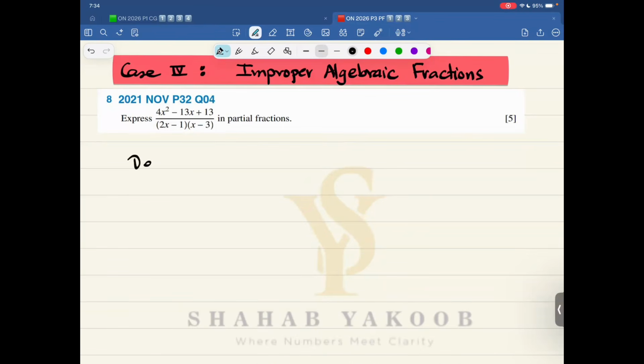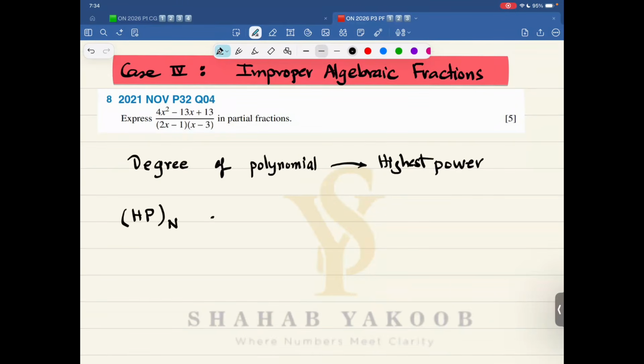First of all, let me use the term degree of polynomial. An algebraic expression with many terms is a polynomial. I can also call it the highest power. So now if the highest power of the numerator is greater than or equal to the highest power, let me write this as HP, of the denominator, that is improper.